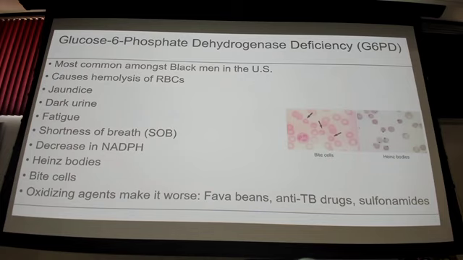I didn't know there are about 6 different categories of enzyme activity, and some people have no symptoms, some people don't even know until they actually get the test done. This is one of the tests we were supposed to get done when we joined the Army. Some people get it done every time they're deployed, but this doesn't change. If you're G6PD deficient, you're going to be G6PD deficient for the duration of your life.